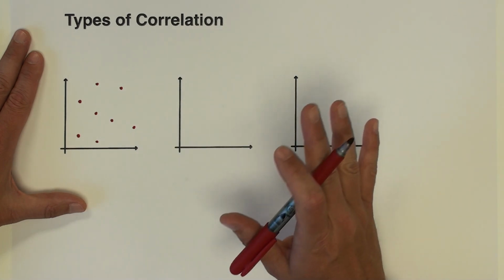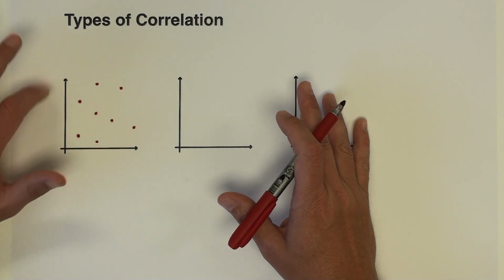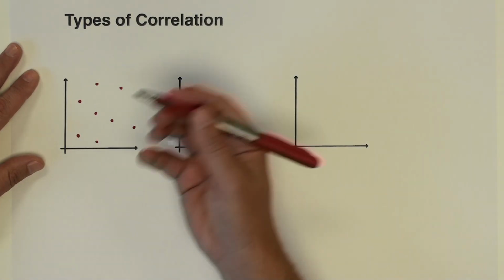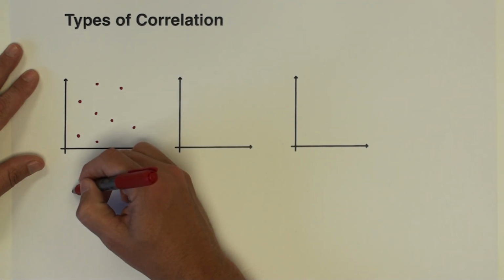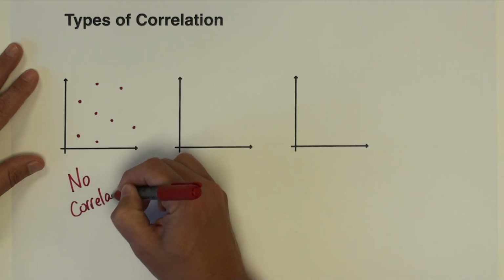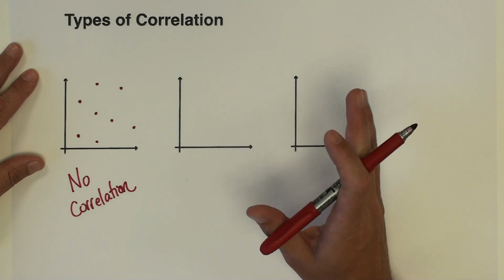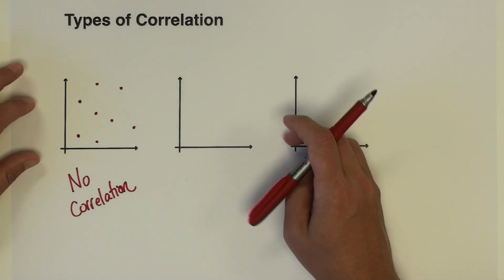If you see something like this, that would be an example where there is quite simply no correlation. There's no relationship between the two variables.